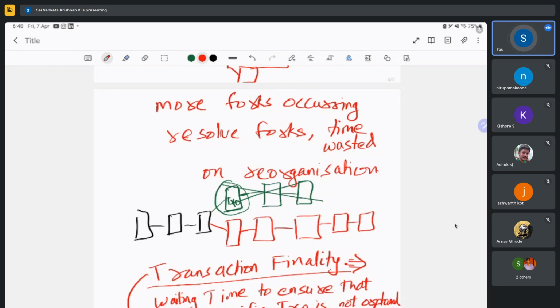And by the time the nodes following the green chain tell the nodes following the red chain, some other node would have added to the red chain. So this type of conflict would go on due to the low difficulty level.